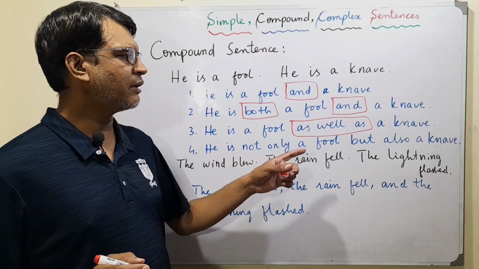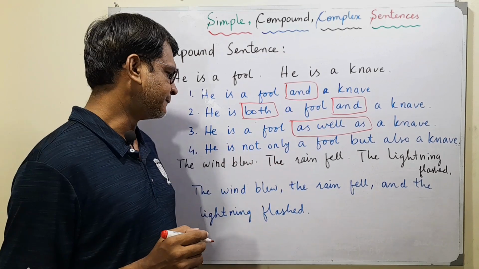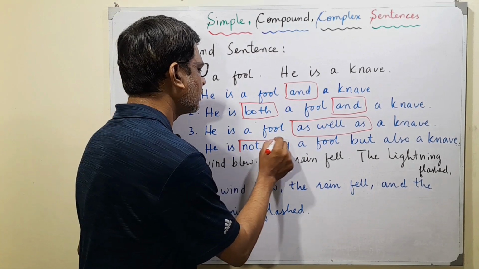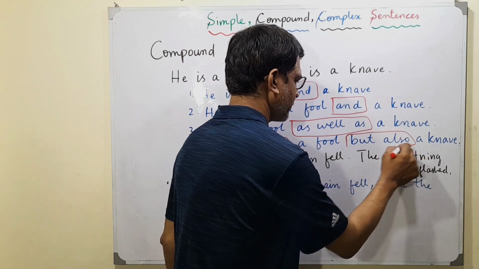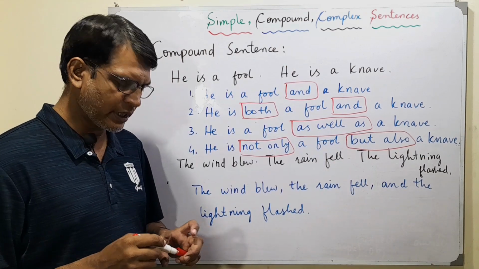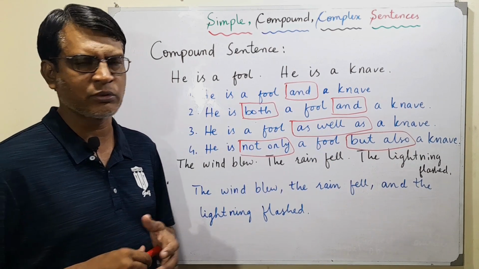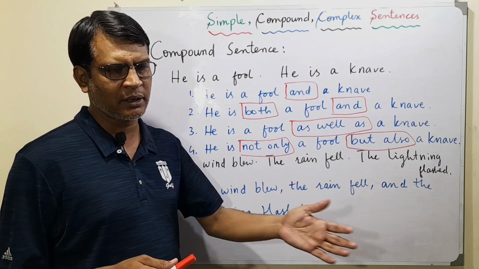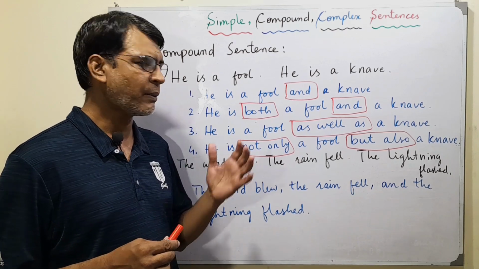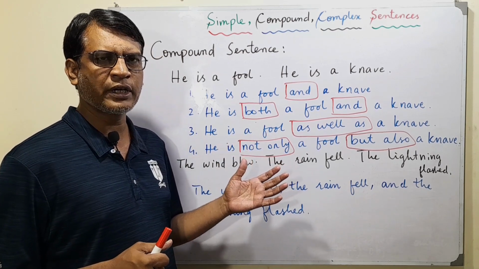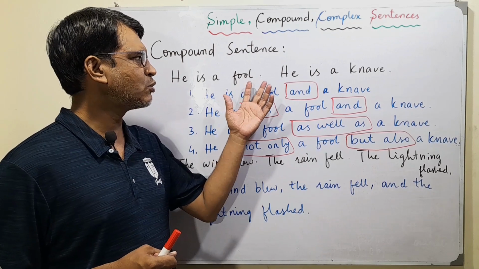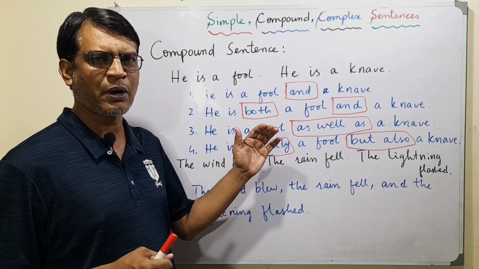He is not only a fool but also a knave. So we are using not only but also. These are the four conjunctions which we can use. There are others as well, and I'll come to them. But these are the four we are using to make two simple sentences into a compound sentence.